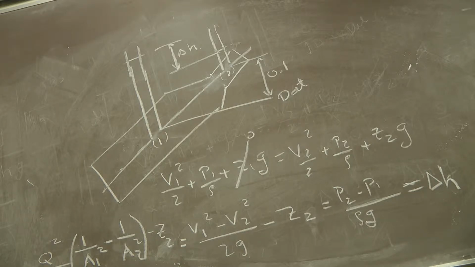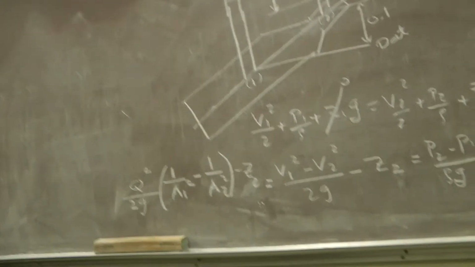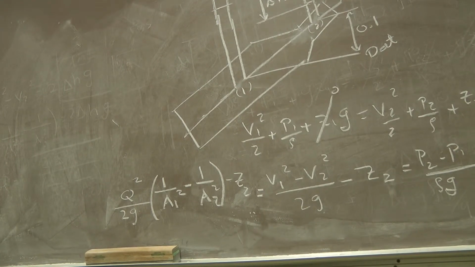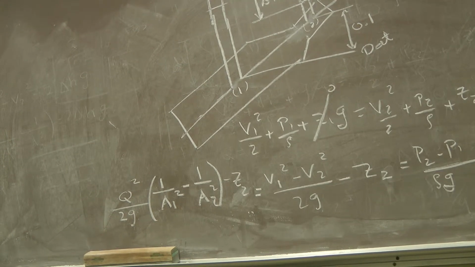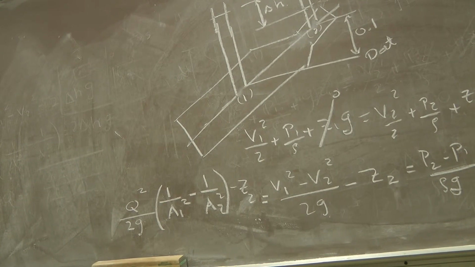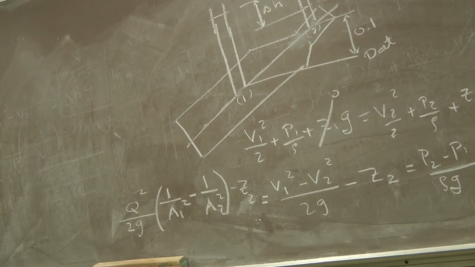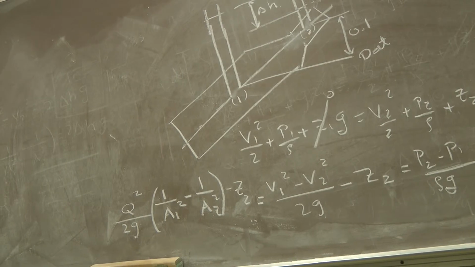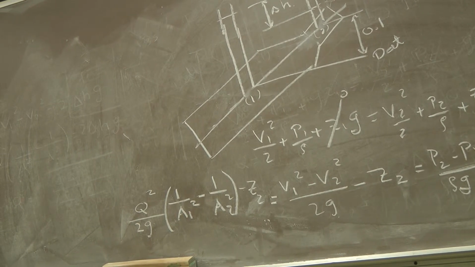And if you guys recall, when you see here P2 minus P1 over rho G, P2 minus P1 was delta H times rho G. So the rho G's obviously cancel, and so you're left with delta H actually. And so what ends up happening is I'm going to rewrite V1 and V2 in terms of Q and A, because what's not known is our V's, but what's known is Q and A. And so from Q and A we get V, but it's better to just leave it.